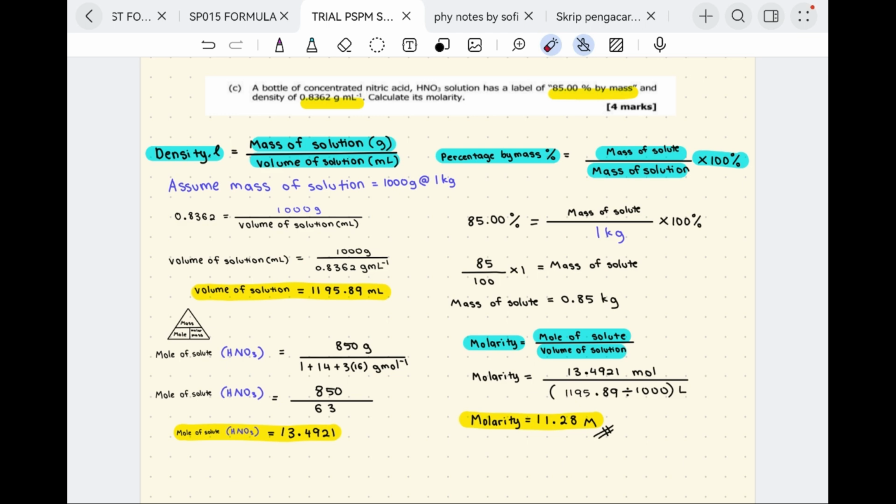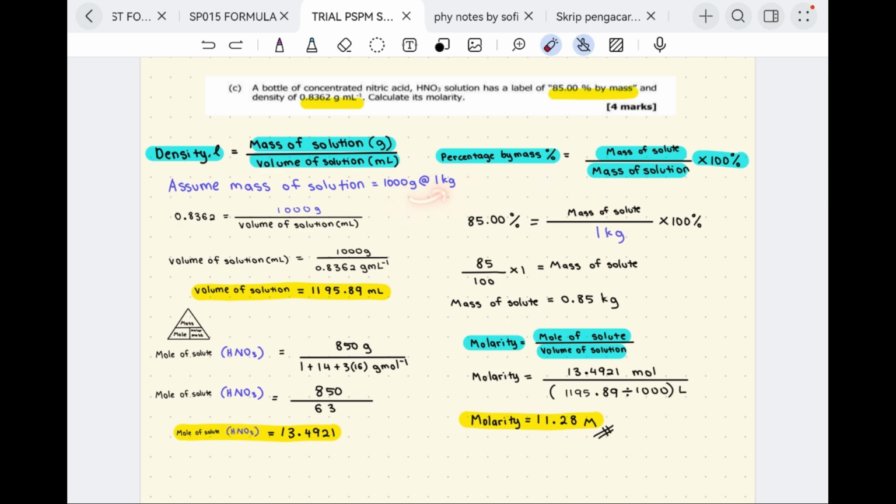Because of the similarity of both formulas, percentage by mass and density, both need the mass of solution to calculate the value. So we need to assume the mass of solution is 1000 gram or 1 kg. It's just the same amount but different unit.